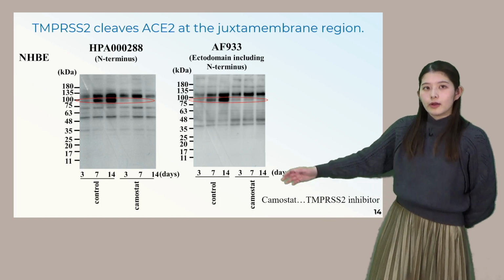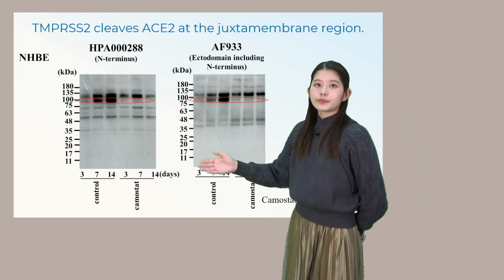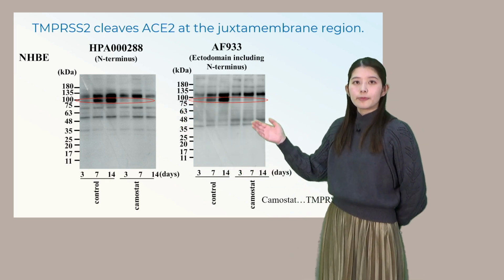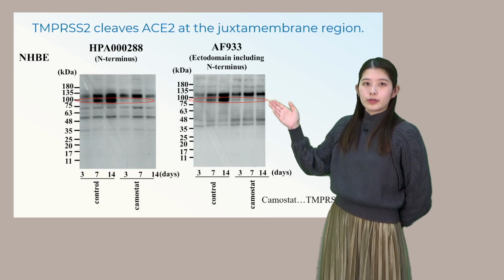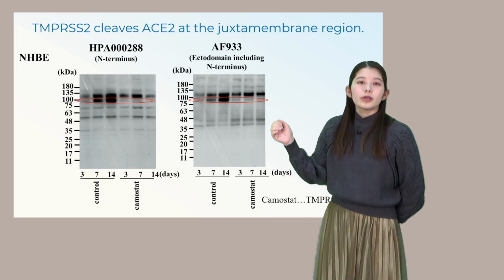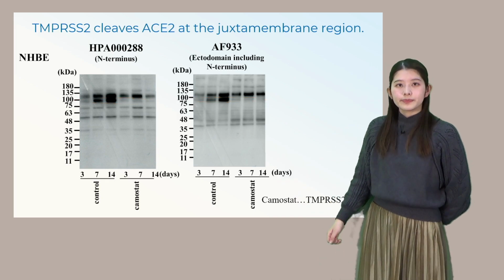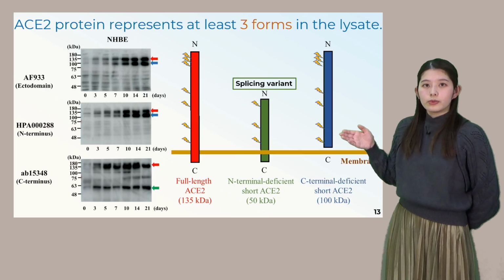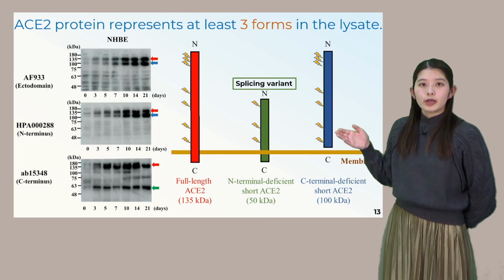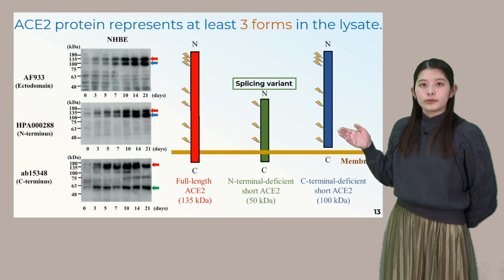The 100 kilodalton band observed in the control lysate disappeared in the lysate of cells cultured with camostat. So it was suggested that the 100 kilodalton ACE2 represents ACE2 processed by TMPRSS2.